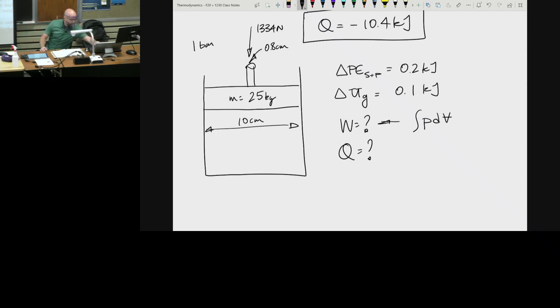The other question is, did it tell me what kind of boundary work mode I'm undergoing? We have a couple choices here: constant volume, well, we know it's not constant volume, it's a piston cylinder; constant pressure; and polytropic.